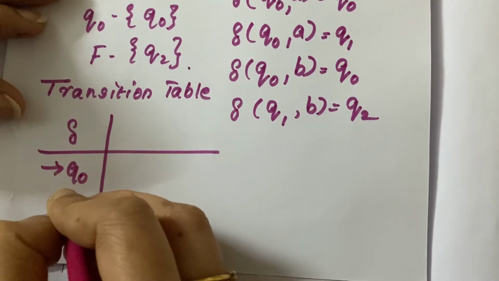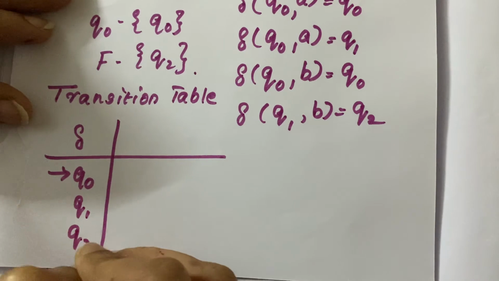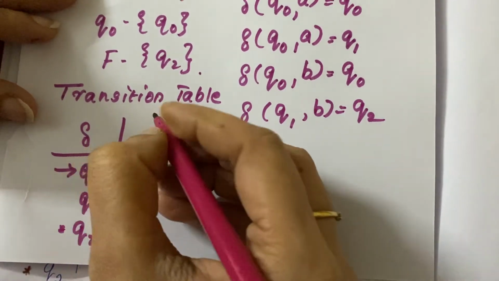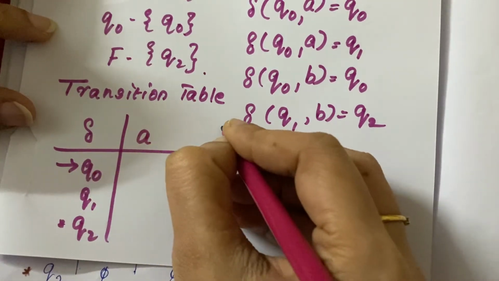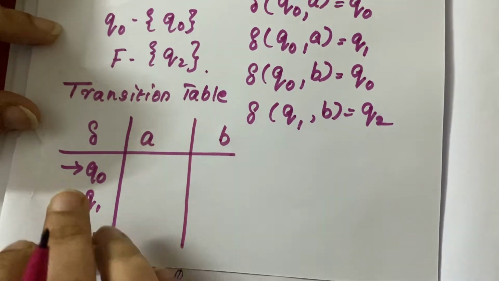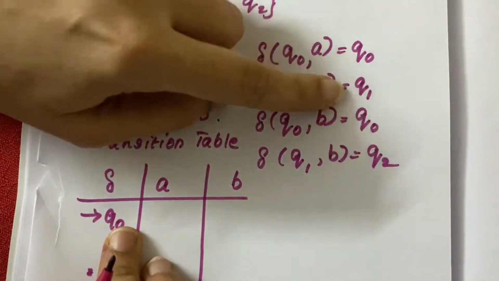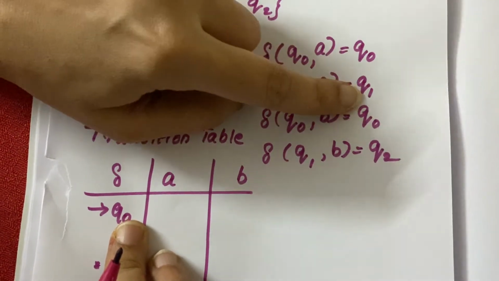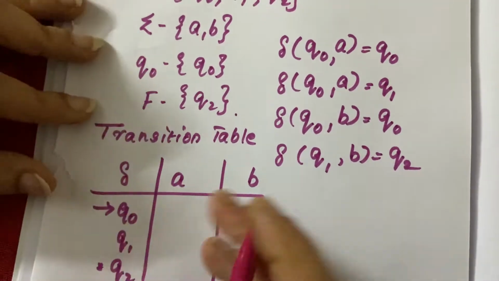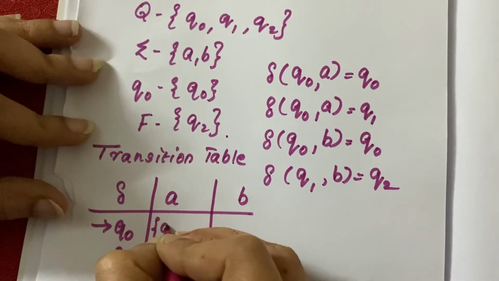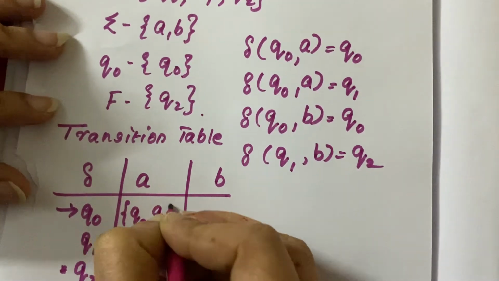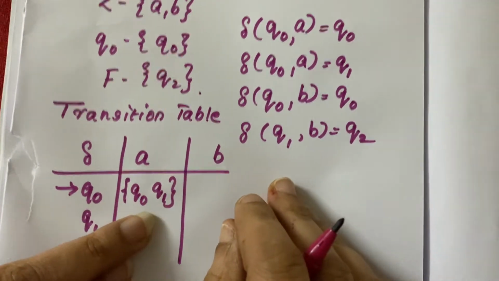Q0, Q1 and Q2. Q2 is your final state. How many input symbols? A and B. Now see here, Q0 on accepting A goes to two states, Q0 and Q1. So in the transition table we will write them together like this: Q0, Q1.